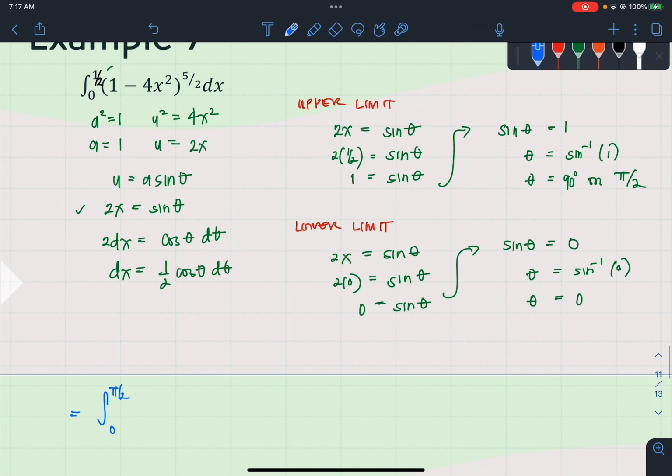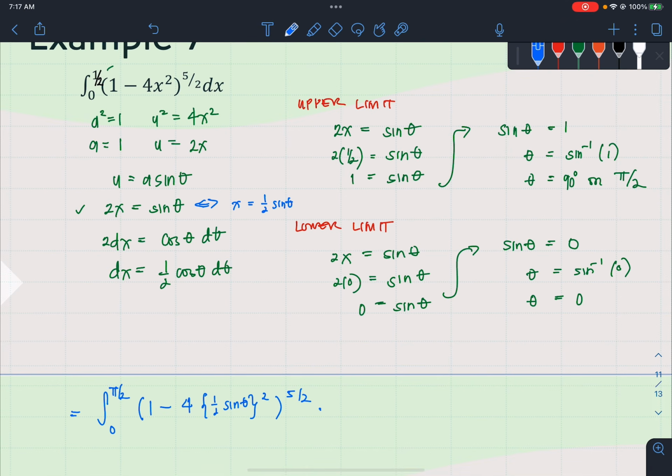And then we change. So we have 1 minus 4. Remember what x is. So x is 1 half sine theta. So I'll have 4 there. So 1 minus 4 times x, which is 1 half sine theta, then squared. So square it and raise it to 5 over 2.